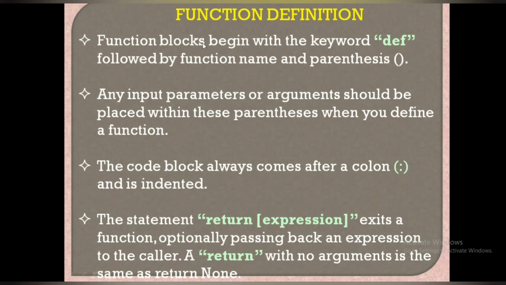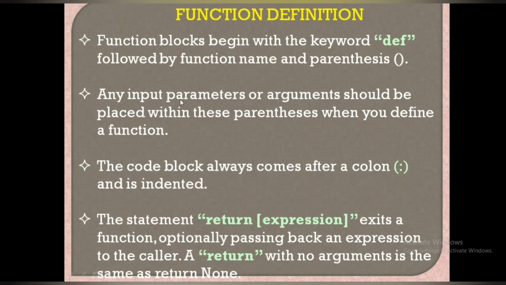Now you can see this one by one. Any input parameters or arguments should be placed within this parenthesis. After the function name you just write a parenthesis, and within it you can pass input parameters or arguments.